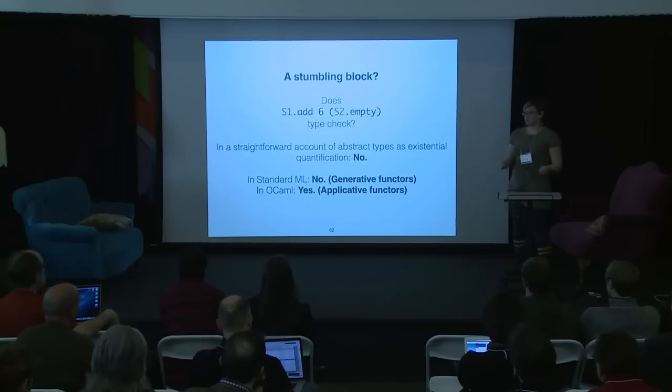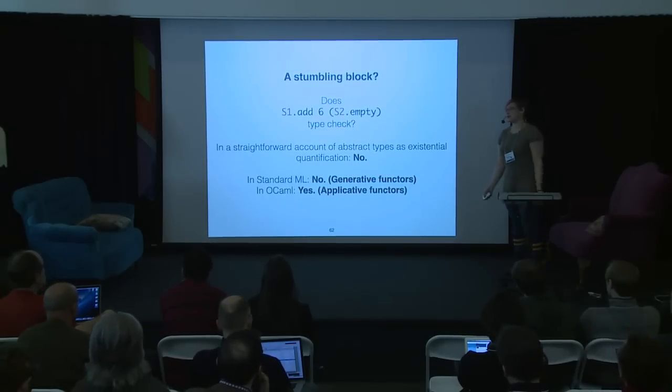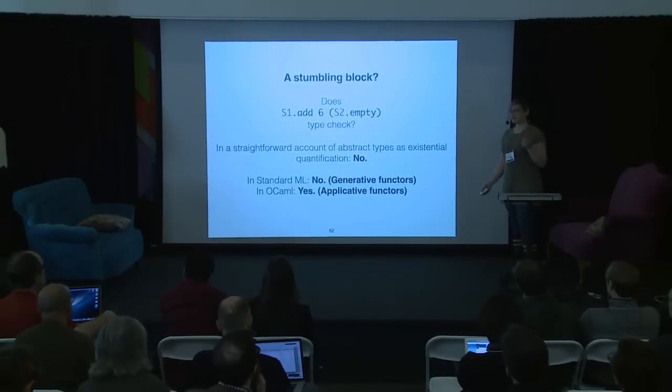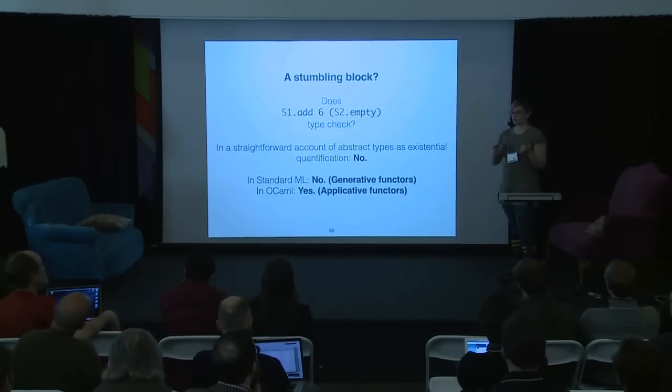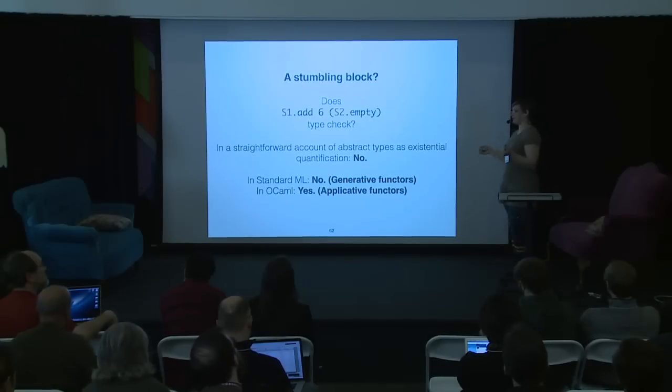This is also the choice made by Standard ML, and this is what's known as generative functors. The idea is that every time you apply a functor to something, it generates a new type for the abstract type. The dot t that you're referring to is going to be different every time you apply the functor.